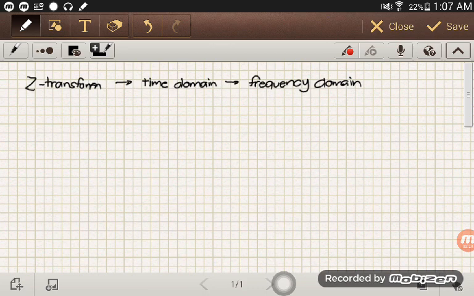So take note of the basic formula for what we call Z transform. Z transform is represented by this formula.